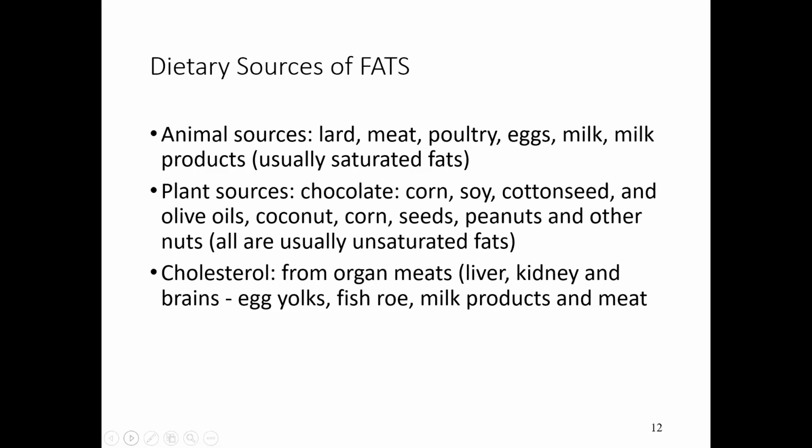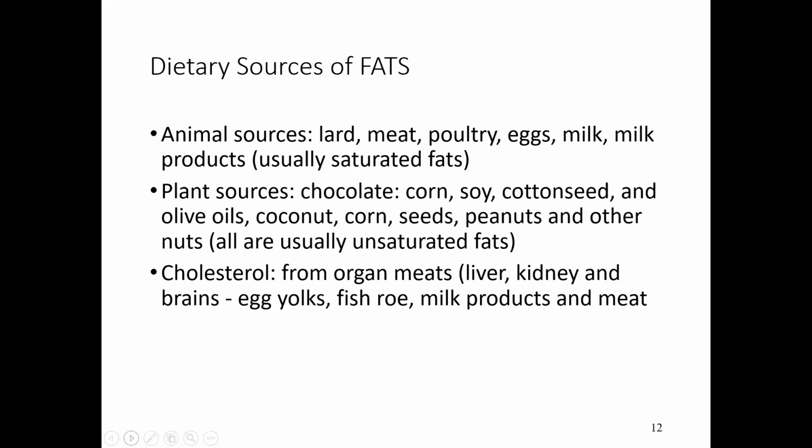Fat comes from meat. Meat stores lipids in adipose tissue in the meat. We've all seen fatty meat. When you buy ground beef, on the label it says 75% beef, 25% fat, all the way up to 95% beef and 5% fat. We get fat from poultry. There is fat on the chicken skin, for example.